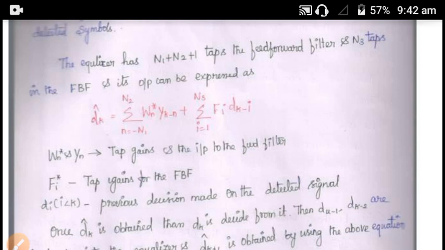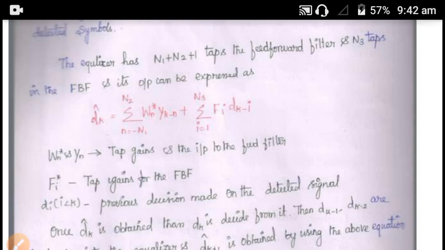So sigma n is equal to minus N1 to N2 wn star yk minus n plus sigma i is equal to 1 to N3 fi star dk minus i. Here wn star and yk are the tap gains and the input to the forward filter. fi star is the tap gains for the feedback filter. di for i less than k is the previous decision made on the detected signal.